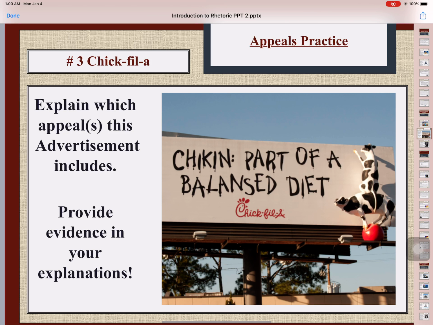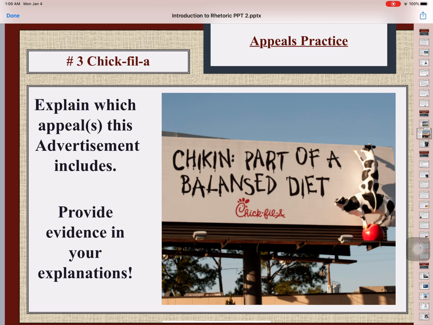Under Rhetorical Appeals practice. Chick-fil-A. Number 3, explain which appeals this advertisement includes. Provide evidence in your explanation. It says chicken misspelled. That's something very down-home, country, quaint, kitsch about that. Colon, part of a balanced diet. I think I'm a terrible speller, but I think that's misspelled.